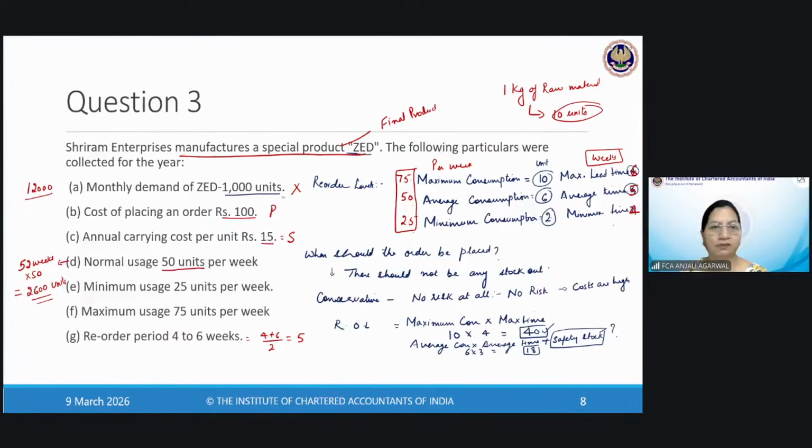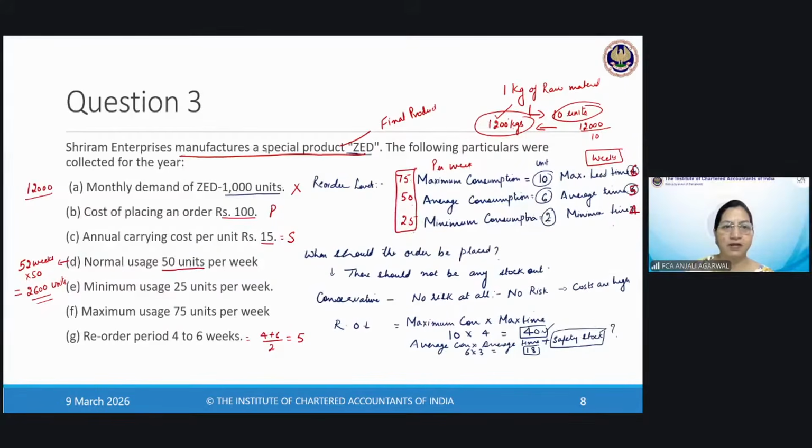And your monthly demand is 1,000. So you will have 1,000 into 12, 12,000 units is your annual production. But 1 kg is required for 10 units. So if you divide by 10, your raw material consumption would be 1,200 kgs. So that is what we are interested in. We are not ordering the final product, we are ordering the raw material.